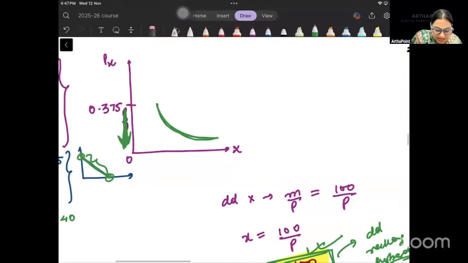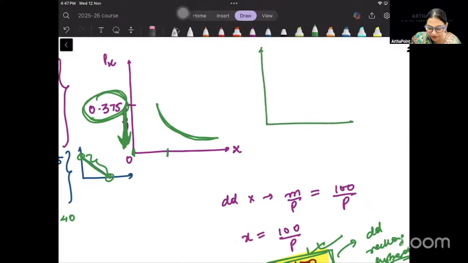Now if the price is exactly 0.375, it can be from 0 to maximum x. So I am making it in three different phases; you can club it together. If the price is 0.375, then the demand can be 0 to maximum m by px.